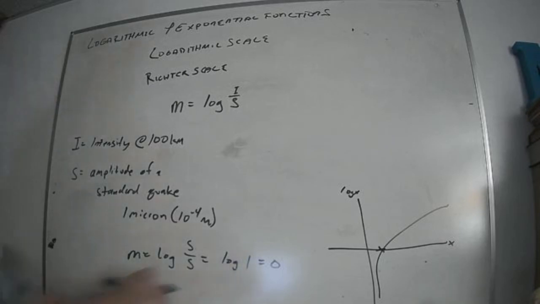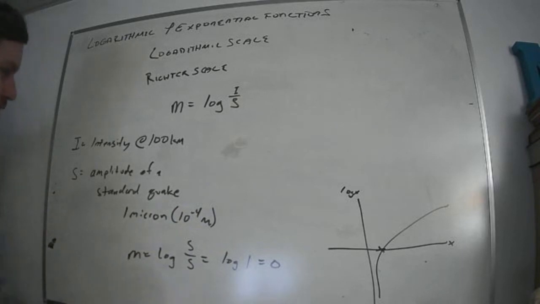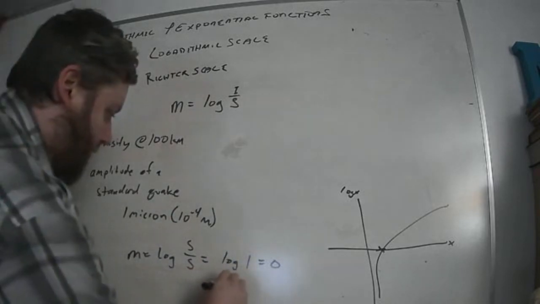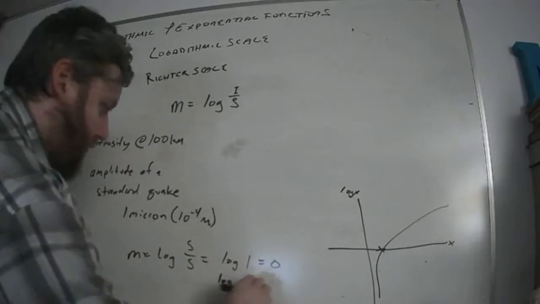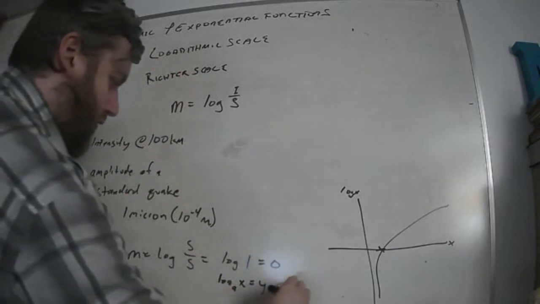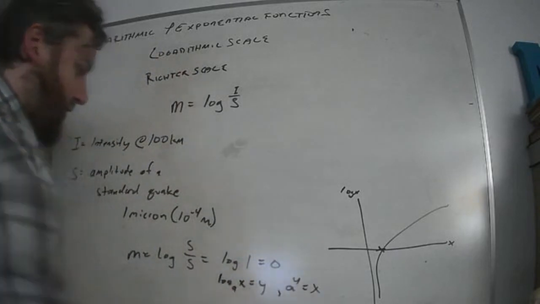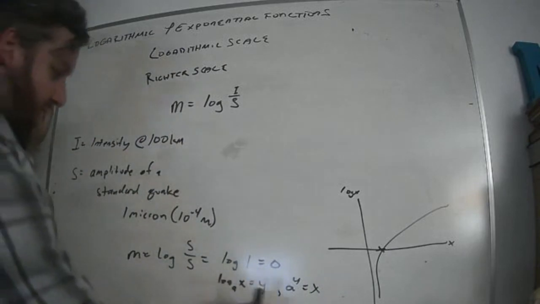And if we were to take this back, and I put this in the form that I originally described, I said log base A, so this is A to the y equals x. In this case, A is 10.